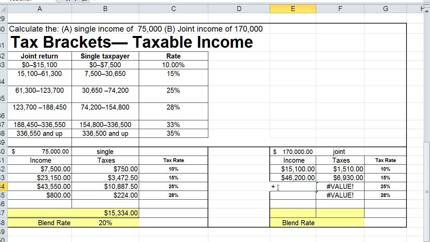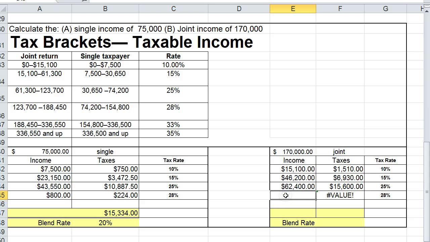I have to say 123,700 minus the 61,300 because that's where it starts. So I'm looking for the amount of money between 61 and 123,000, and that's 62,000.